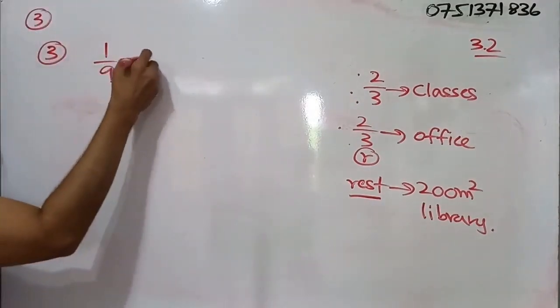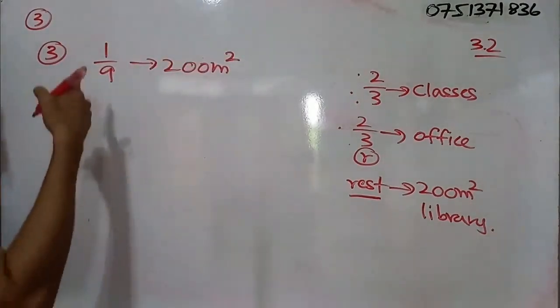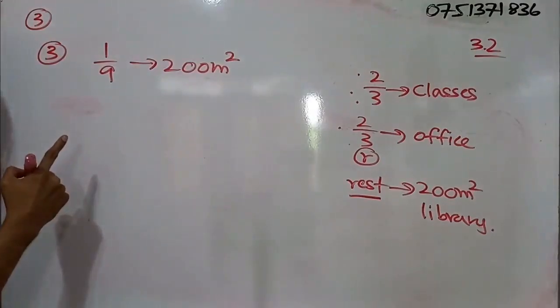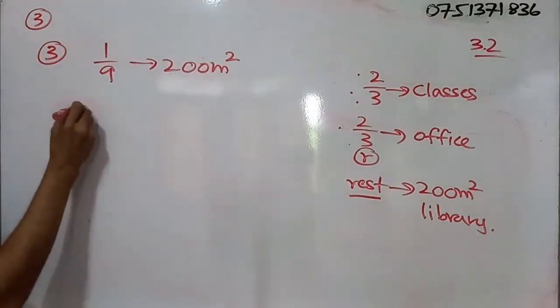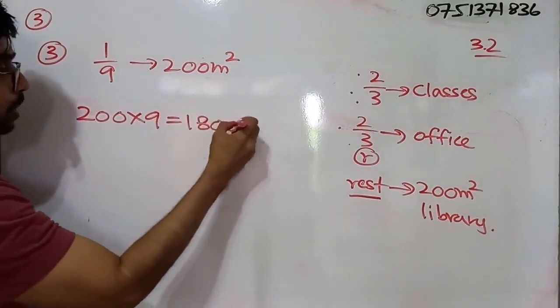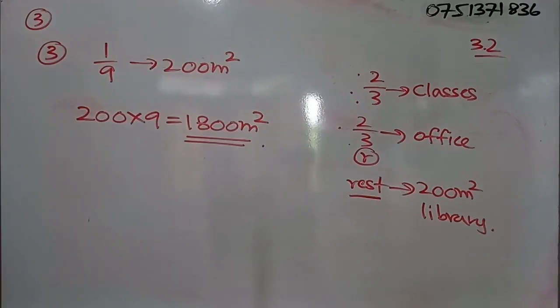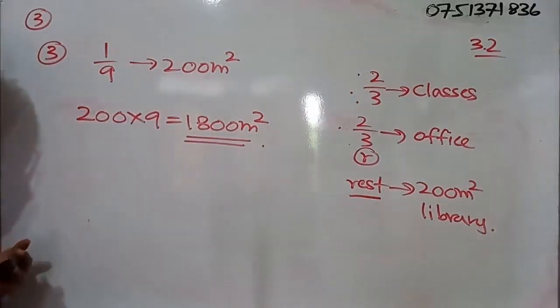So we know this is equal to 200 square meters. So 1/9 is 200 square meters. What is the whole amount? 200, we have to multiply that by 9. So we get 1800 square meters. So that is the answer.